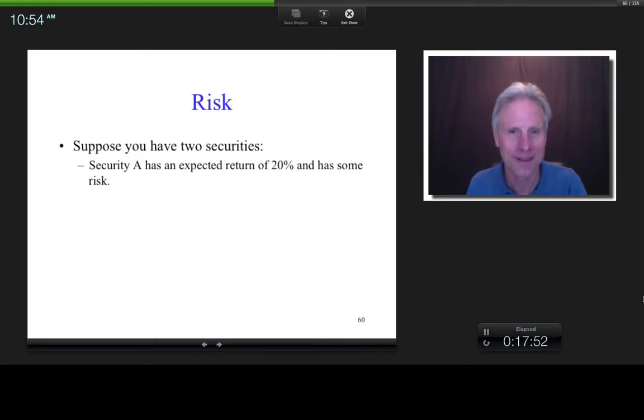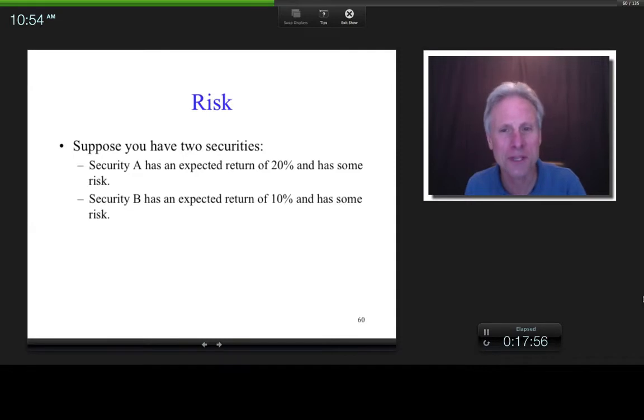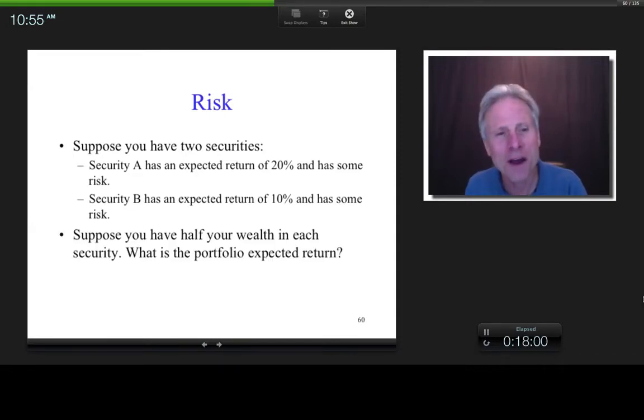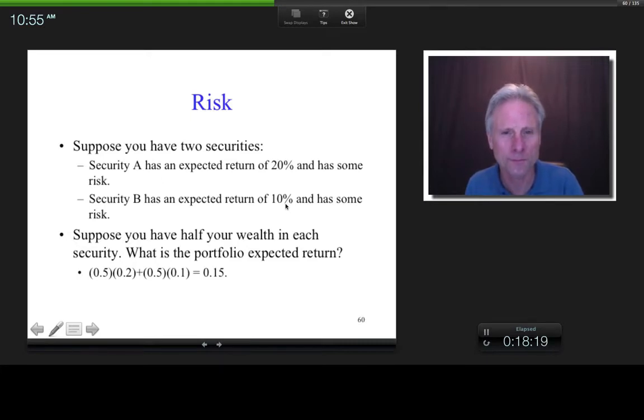Let's say Security B has an expected return of 10%, and that also has some risk. Then let's say I have half my money in each. What's the portfolio expected return? Half my money is expected to make 20, half my money is expected to make 10, so my portfolio expected return would be 15.